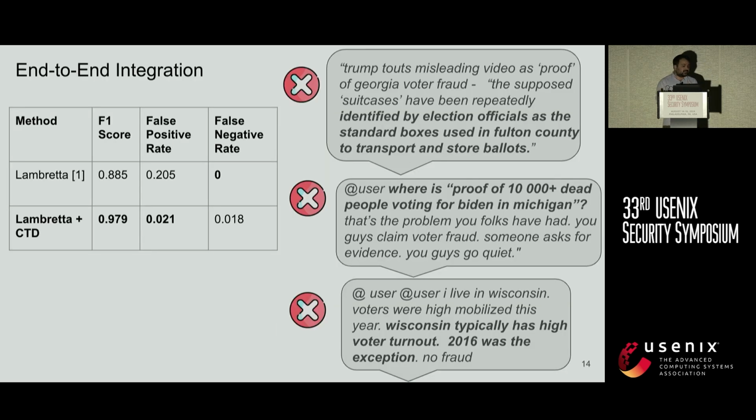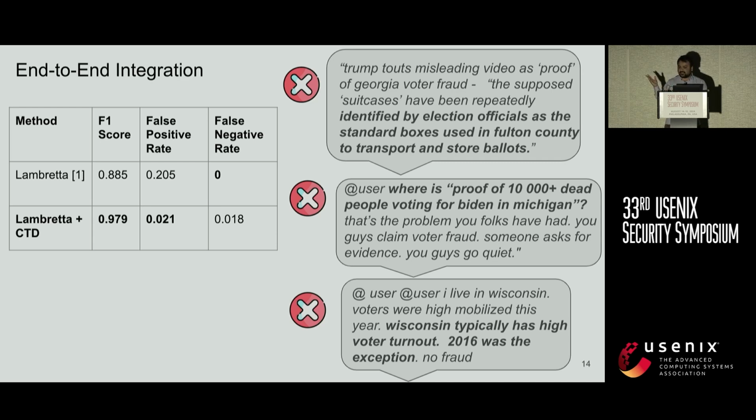We evaluated this against Lambretta without the contextual soft moderation filter. We are able to reduce the false positive rate of the system from 0.2 to 0.02, and this comes with a minor hit on the false negative rate, because when we use this system, we'll be missing out on positive examples that are spreading the misleading information, but the false negative rate is negligible in this context.